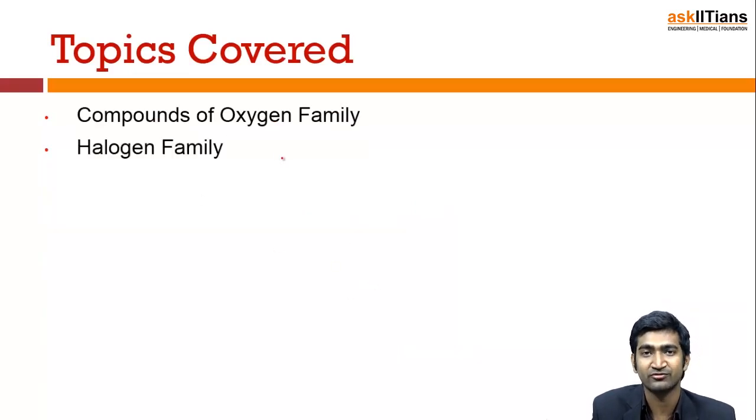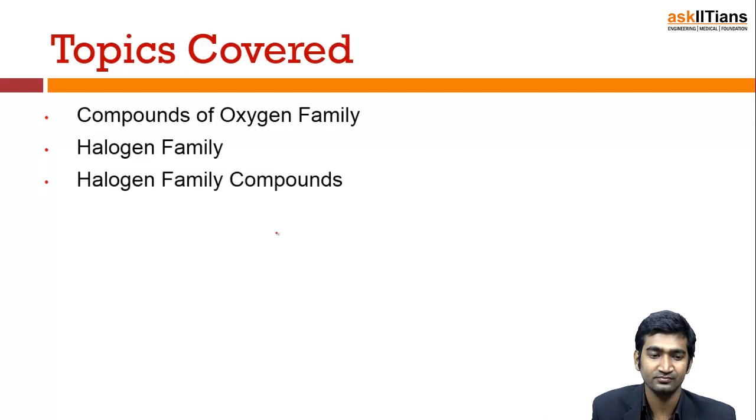Then comes the halogen family. All the halogen groups come under the P Block itself. Then we're going to learn halogen family compounds, in which we will learn about different compounds of all the chloro, fluoro, iodo.